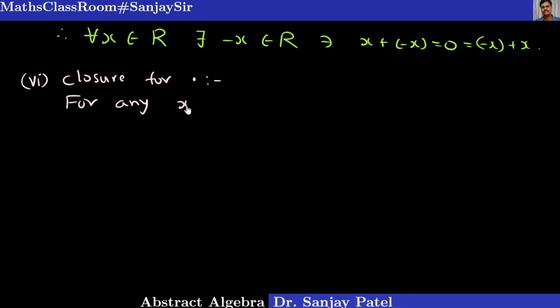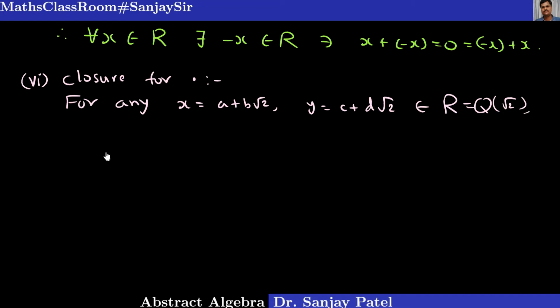For any two elements, x equal to a plus b root 2 and y equal to c plus d root 2, belonging to the given set R, which is Q(root 2), we have to check now the property of multiplication. So we are checking closure for multiplication.